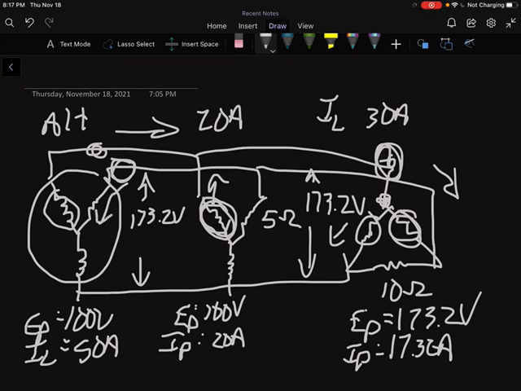If it's delta, we'd have to change it. So we also know, because its I line is 50 amps, and in Y our I phase and I line are the same, so we can also say that our I phase is... I can't even write it down there. Anyways, you can make a note on that. Your I phase is also 50 amps.